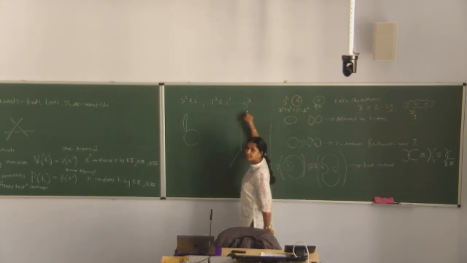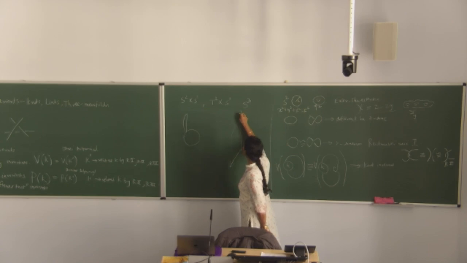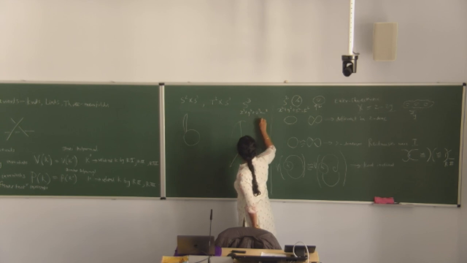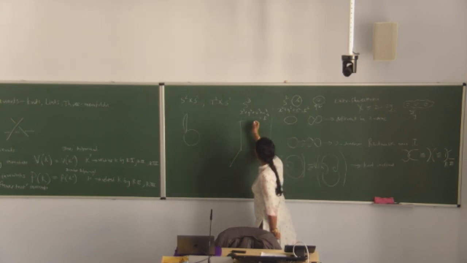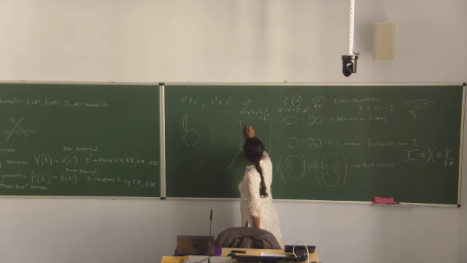If I want to write S3, then you will have there is also other ways in which people can write this, as writing x plus iy as z1 and z plus i omega as z2, and you can write mod z1 squared plus mod z2 squared to be equal to r squared.